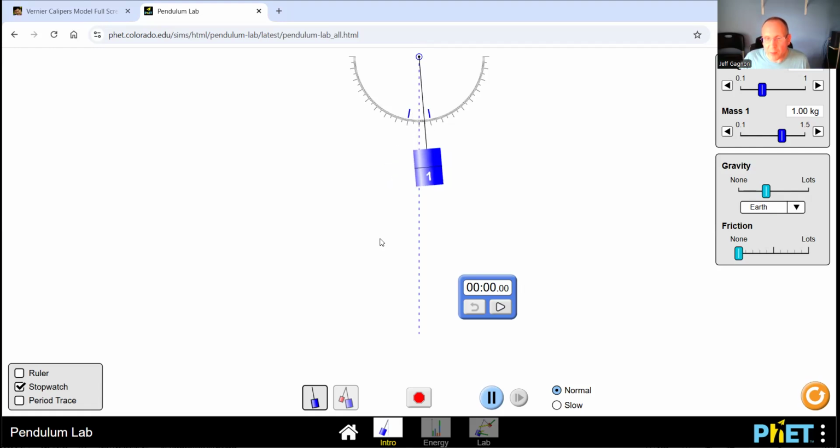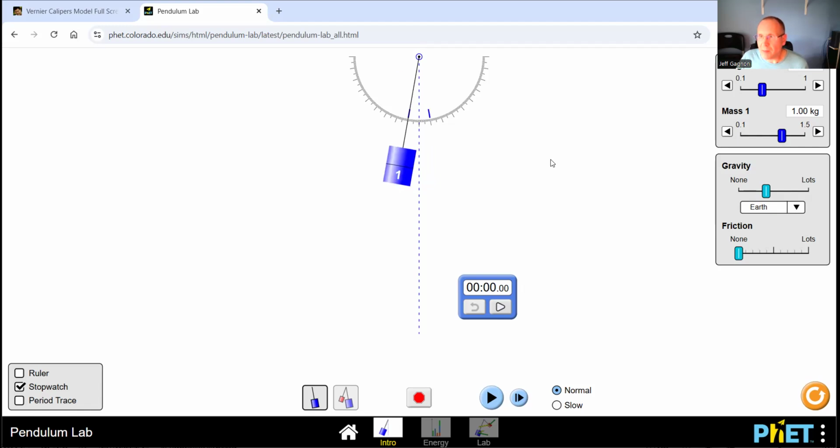And the time for one oscillation is considered to be the period of the pendulum. So in other words, the time it takes to go from here, let me pause this, the time it takes to go from here at -10 back to -10, that time is going to be the period. So the time for one oscillation.